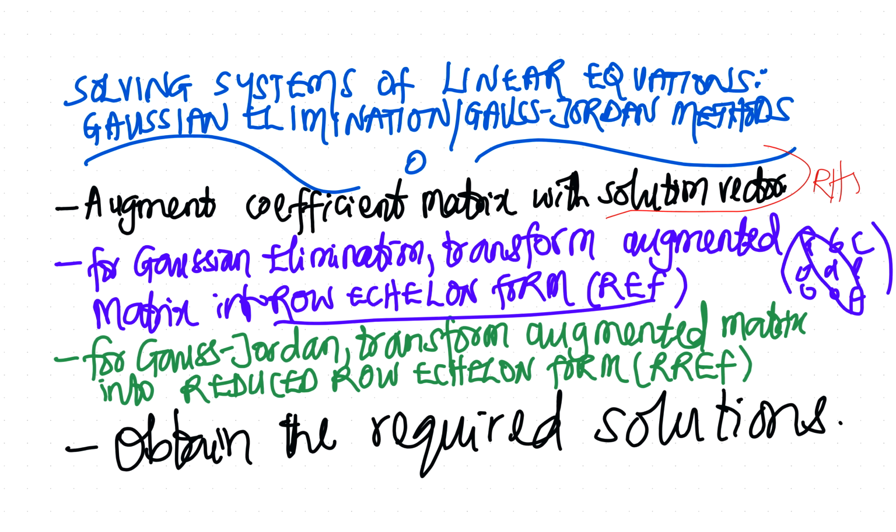But if you are going to the Gauss-Jordan method, you're actually transforming the augmented matrix into reduced row echelon form.